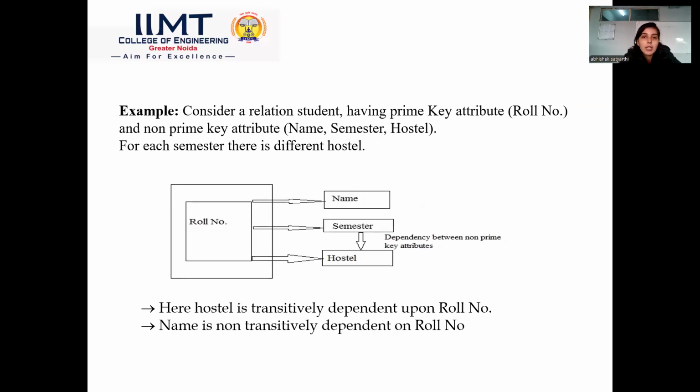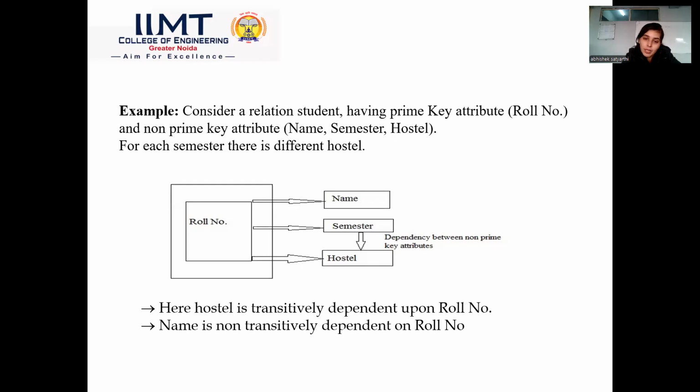Let's take one example here. We have a relation student in which the prime key attribute is roll number, and the non-prime key attributes are name, semester, and hostel. For each semester a different hostel is allotted. So here hostel is transitively dependent on roll number, because from roll number we can derive semester, and from semester we can derive hostel. Semester is a non-prime key attribute and hostel is also a non-prime key attribute.